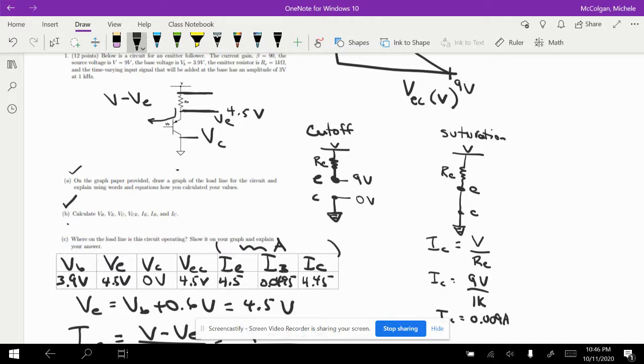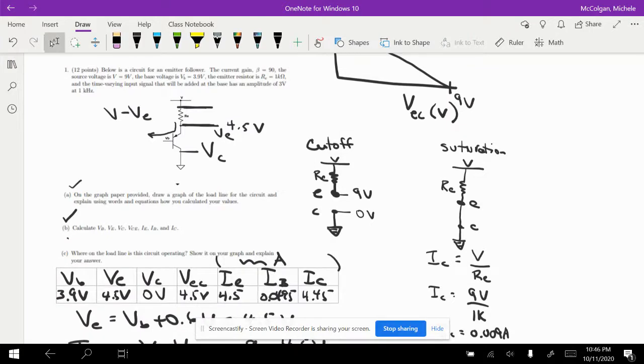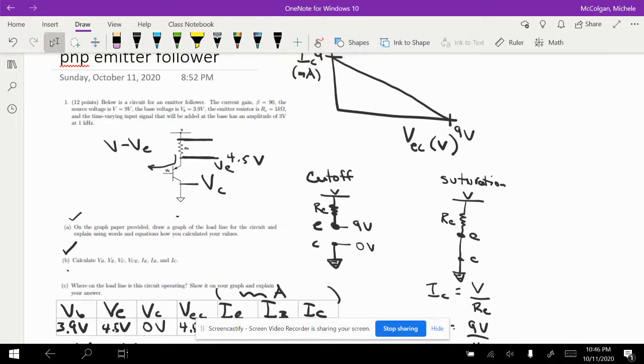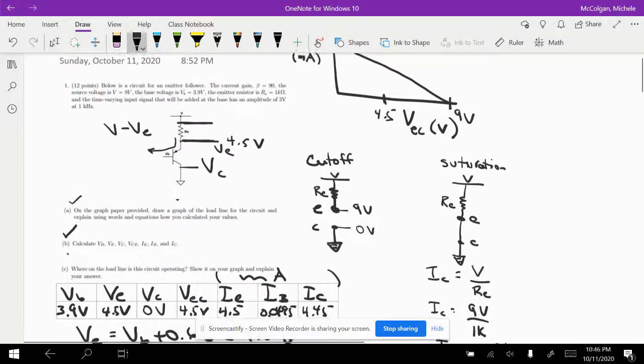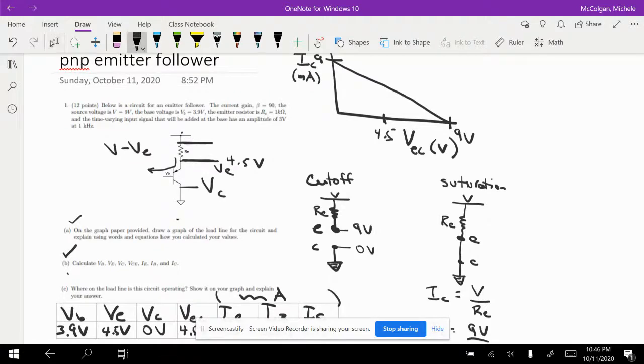Now it's asking me where on the load line am I operating? So let's go back to our load line and look at our values. We can see that my VEC is at 4.5, which is about halfway. And my IC is equal to 4.45, which is just about halfway here. So I'm operating right around there, and that's where I want to be operating, around halfway.